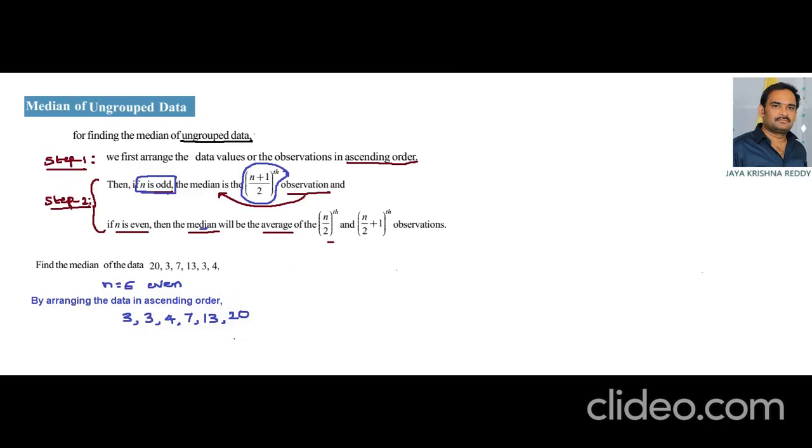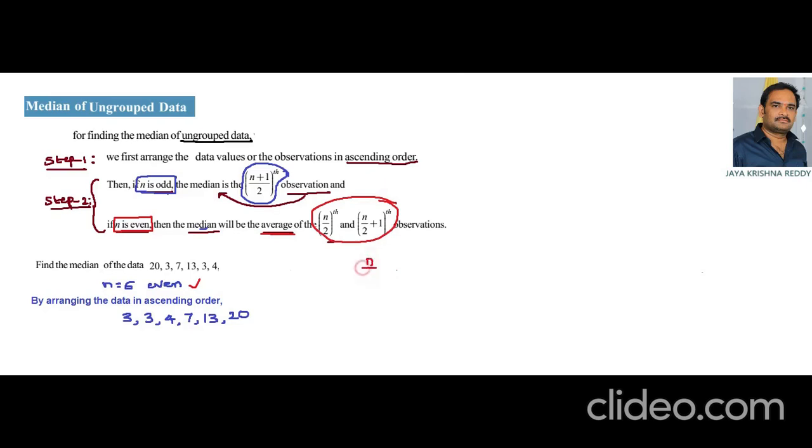Now from this arranged data, we have to identify the median. Here the n value is 6, which is an even number. So in the formula, if n is even, we have to find the average of two numbers.